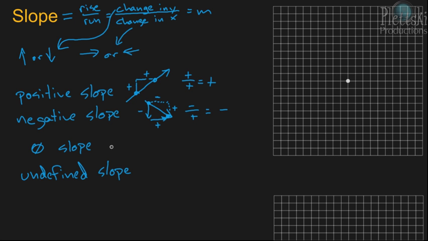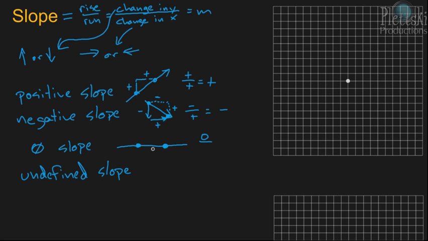Now, when could it be a zero slope? Well, that's if the line is horizontal. Because if you start at one point and you go to another, the change in y is going to be 0. It doesn't go up or down. And the change in x could still be positive or it could be negative.